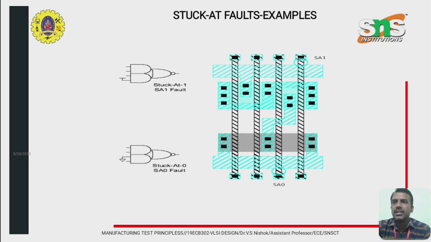If it is stuck at 0, even though the input changes, the output will always be equal to 0, irrelevant to the variation in the input. In a similar way, we have the stuck at 1 fault.